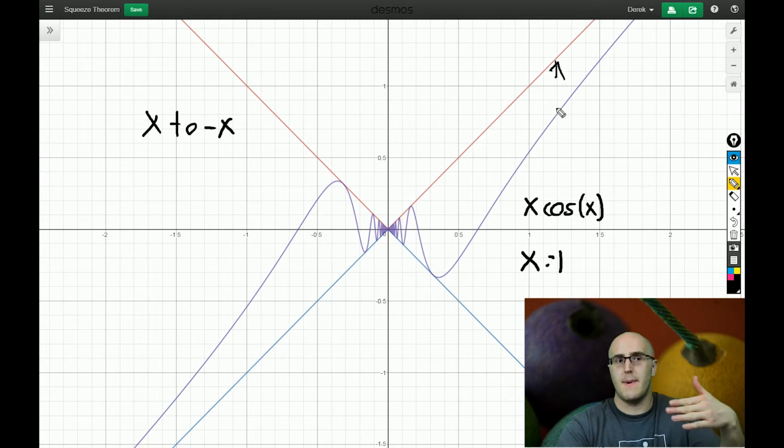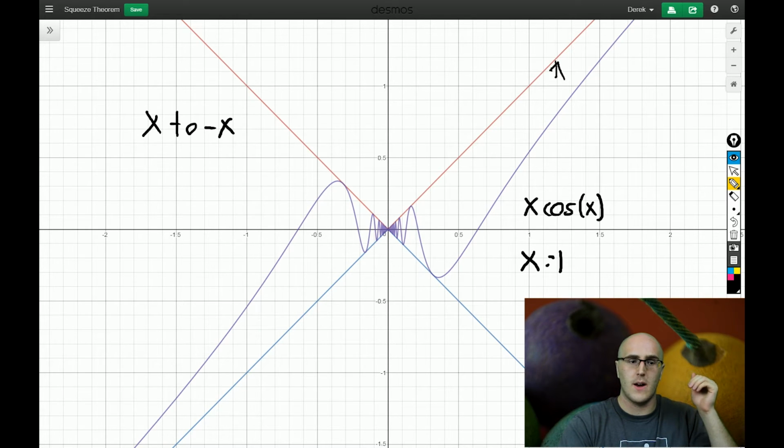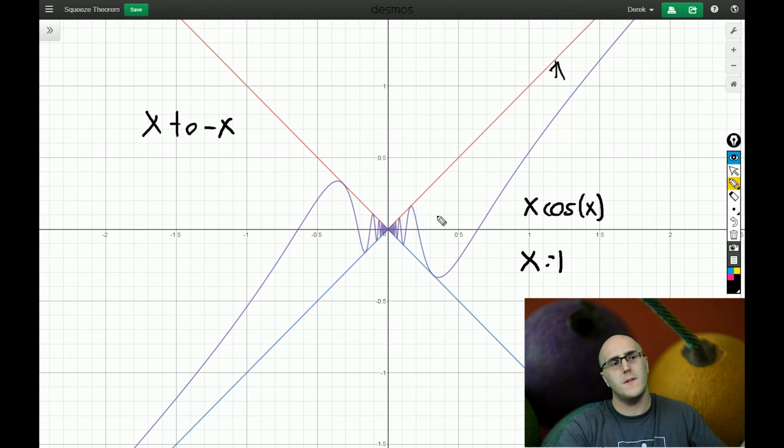So at its maximum value, it has a value of x, and at its minimum value, it has a value of -x, which is between f of x and h of x. And it is between f of x and h of x throughout the entirety of its domain. You go as far off this way as you can, as far off this way as you can. It's always going to be between the two. And this is the condition we need to use the squeeze theorem.